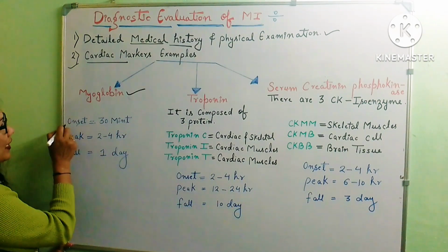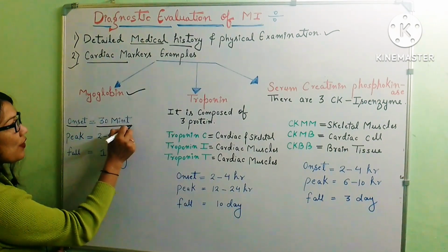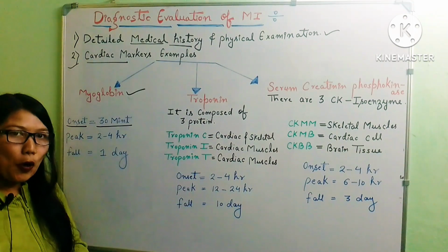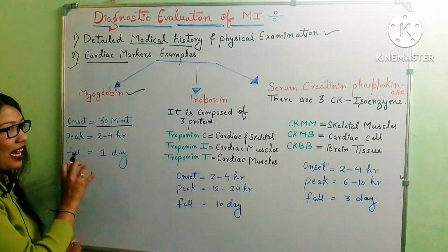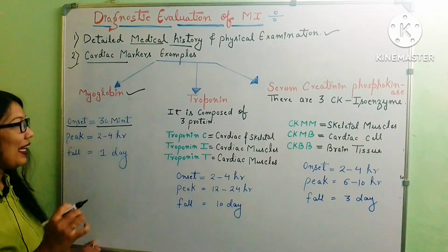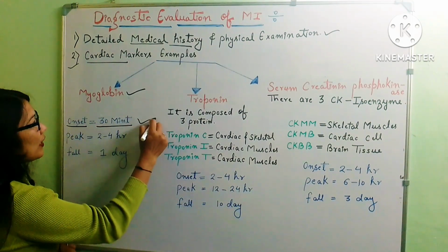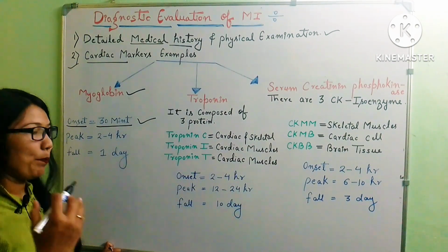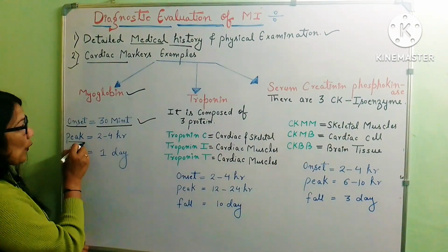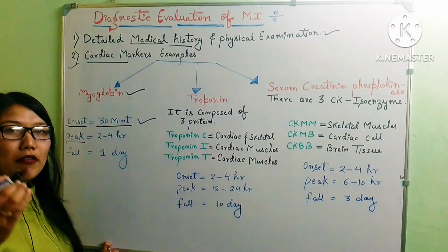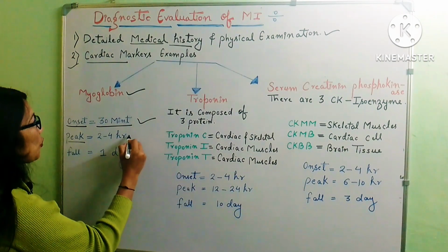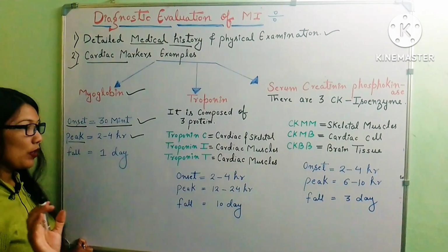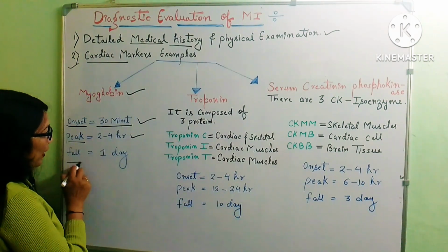So what is its onset? When will it be released into the bloodstream? When there is necrosis in the heart tissue or muscles, it will be released after 30 minutes into the bloodstream. Its peak value will be found in the blood at 2 to 4 hours, and it will fall after 1 day.